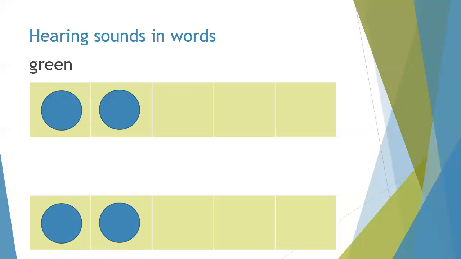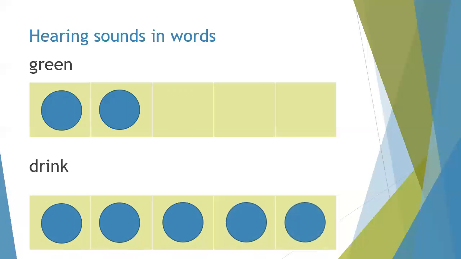Dr, it's got the D, R, consonant cluster or blend, i, n, k. So there are 5 phonemes, and there's the last 2 for green as well. So they have 5 phonemes in drink. So d, r, i, n, k actually has an initial blend and a final blend.